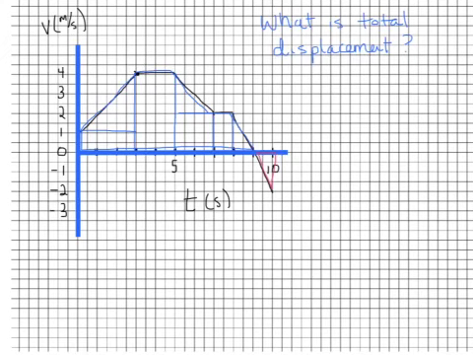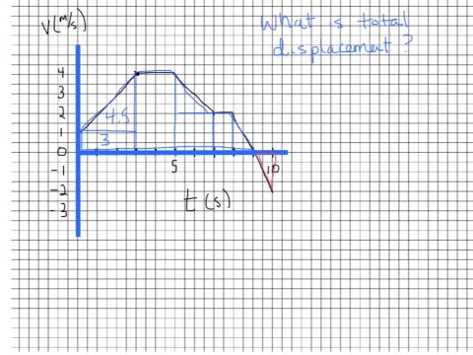Alright, so if I look at this first rectangle down here at the bottom left from 0 to 3 seconds, that is 3 wide and 1 tall, and 1 times 3 is 3. Then if I look at the triangle above it, it is 3 wide and 3 tall, and triangle is 1/2 base times height, so it's going to be 1/2 times 3 times 3, so half of 9, which is 4.5.